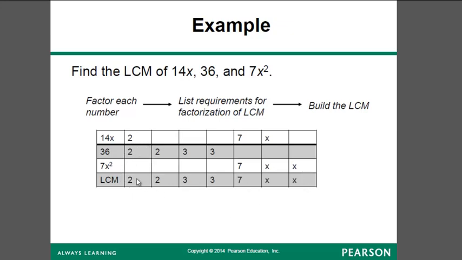As shown here, it's going to have a 2 from this column, a 2 from this column, a 3 from this column, a 3 from this column, a 7, an x, and an x. And then I multiply this row together, and I get 2 times 2 times 3 times 3 times 7 times x, which gives me 252x squared.